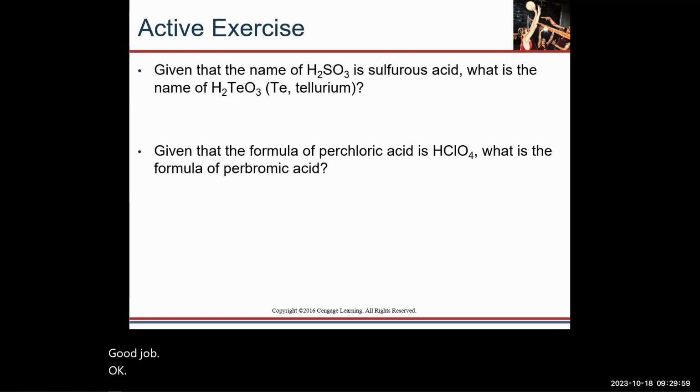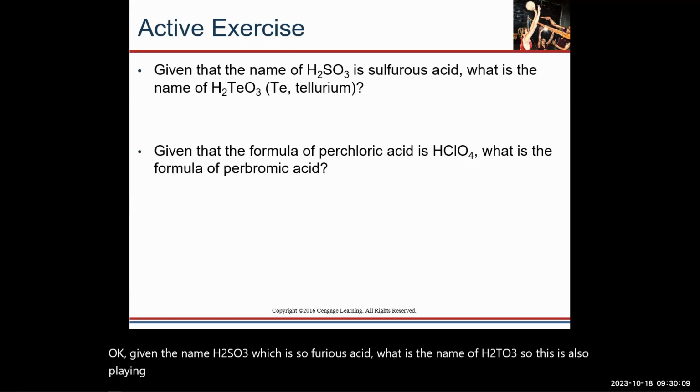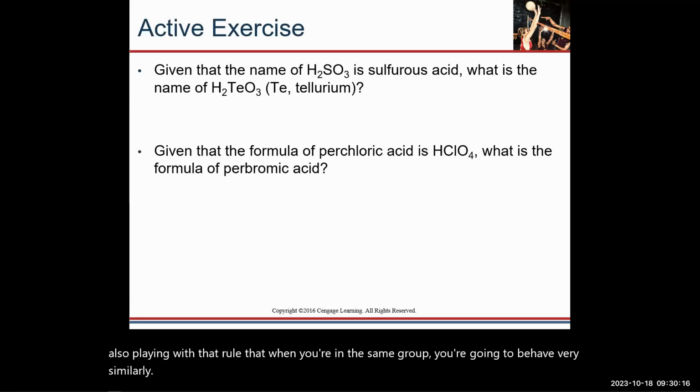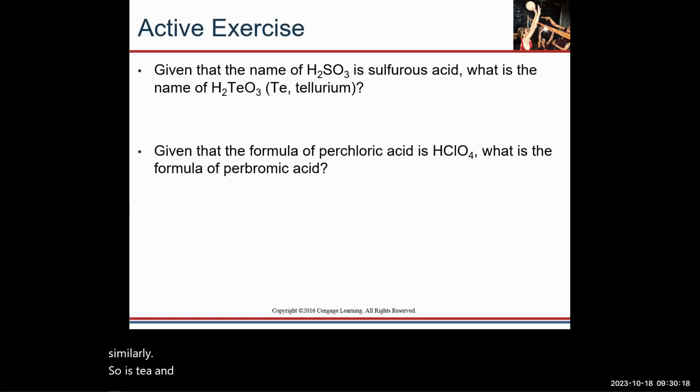Okay. Given a name H2SO3, which is sulfurous acid, what is the name of H2TeO3? So this is also playing with that rule that when you're in the same group, you're going to behave very similarly. Okay. So are Te and sulfur in the same group?